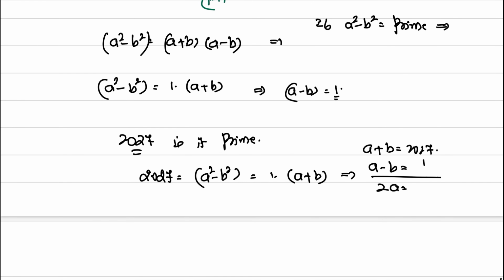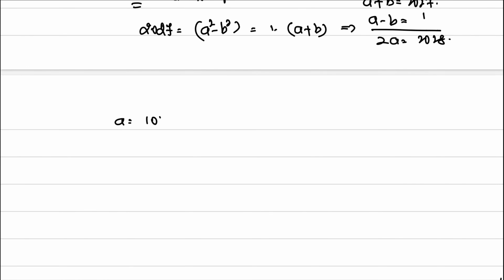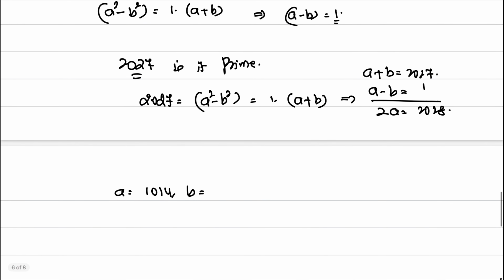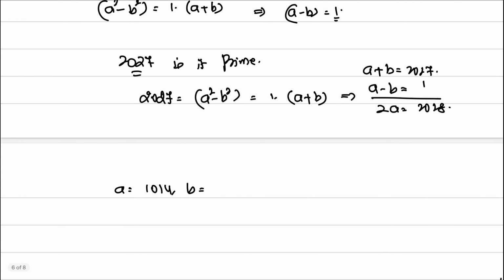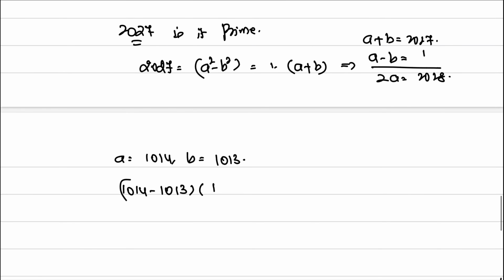That means 2a is equal to 2028, a is equal to 1014, b is equal to 1013. From above, 1014 minus 1013 into 1014 plus 1013, that is equal to 2027.